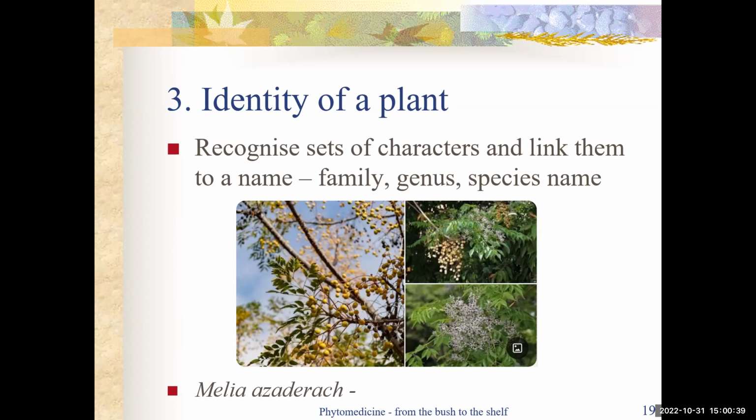So for example, this is Melia azedarach. You can see the kind of fruits it has. You can see the kind of leaves, which are compound leaves, and look at the flowers. Even the color of the flowers is a good description. So you can actually do quite a good description to show the different characteristics of that plant.